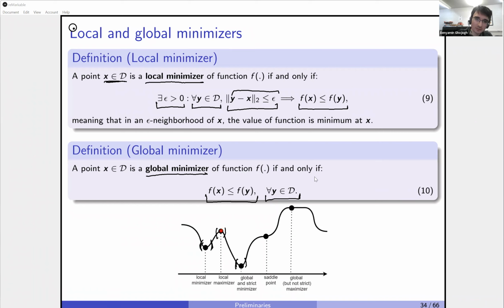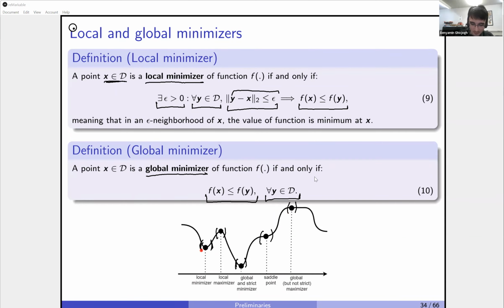For a neighborhood around it, it's the maximum. This is neither a local minimizer nor a local maximizer. This is a local maximizer because for its neighbors, its function value is greater than or equal to their values. Also, it's less than or equal to their values. So it's both a local minimizer and a local maximizer because it's equal to the values in its neighborhood, right?